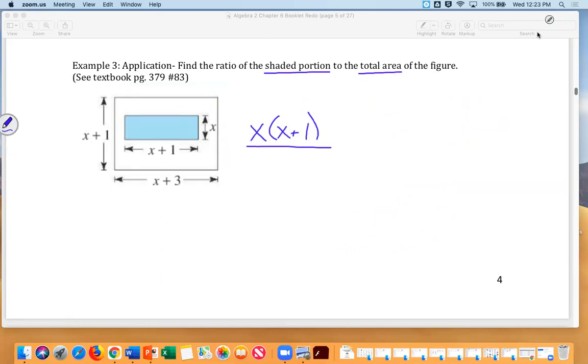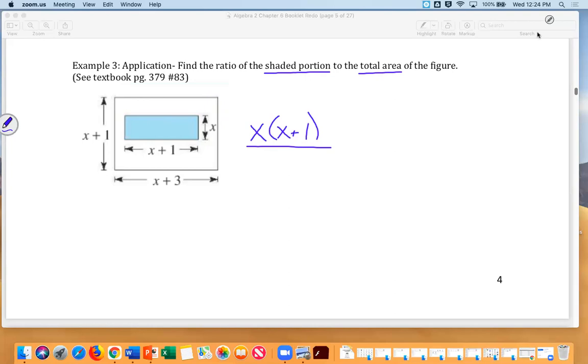Do yourself a favor. When you are dealing with rational functions, do not multiply things out unless you have to. If you start to multiply things out, remember the end result is we're trying to cancel things on the top and the bottom. So if I multiply x times x and x times 1, eventually I might have to factor that, and that's going to double my work.